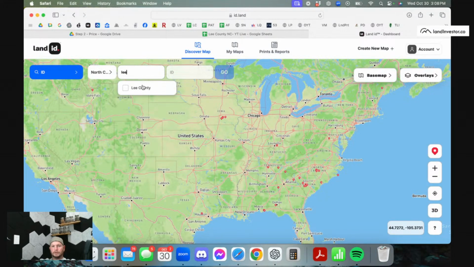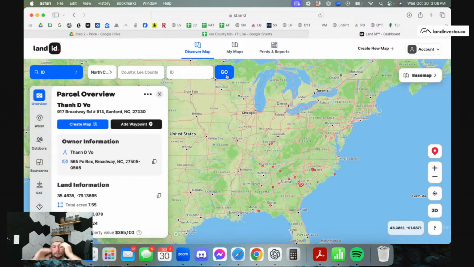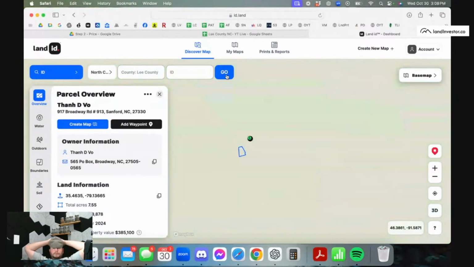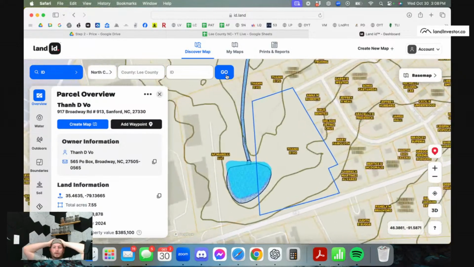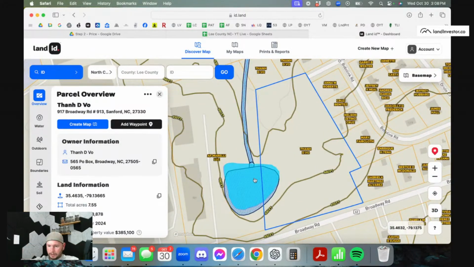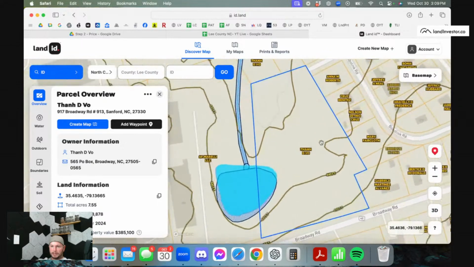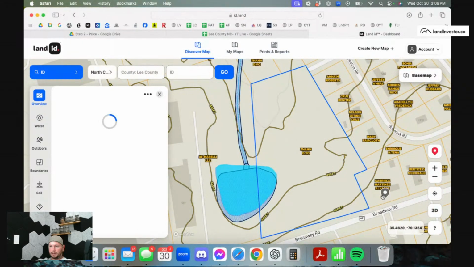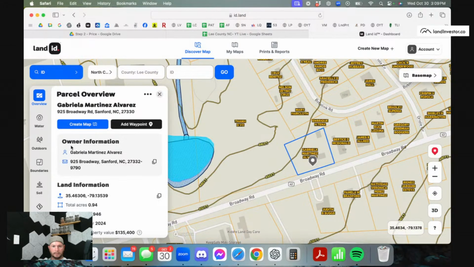Cool. All right, here's your parcel. Broadway Road. Back of a subdivision. It looks like some water on it. So let's check out this.